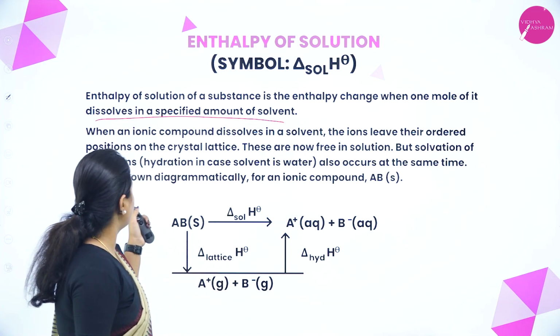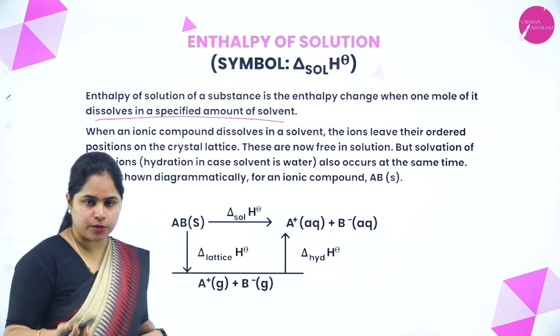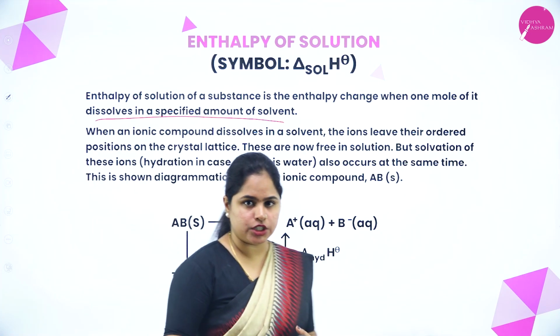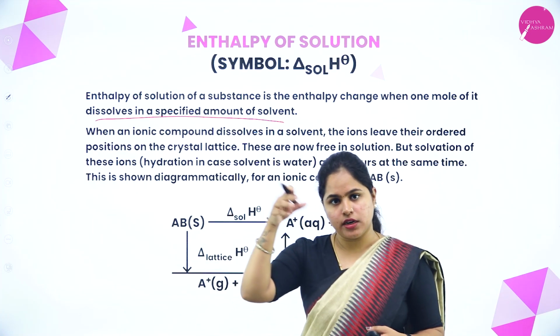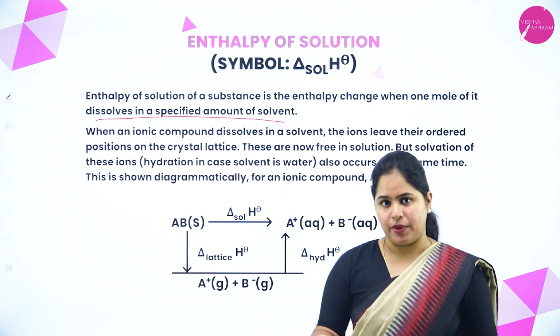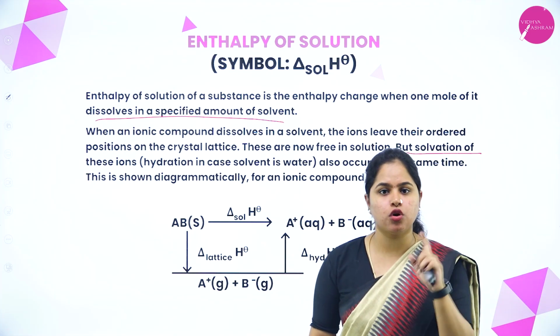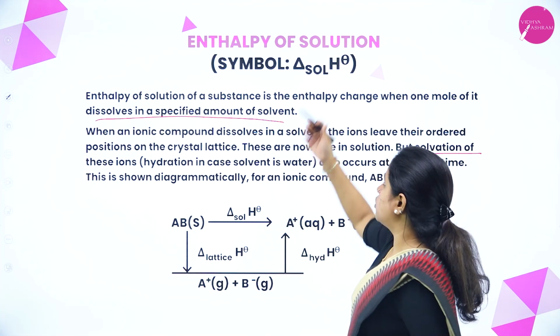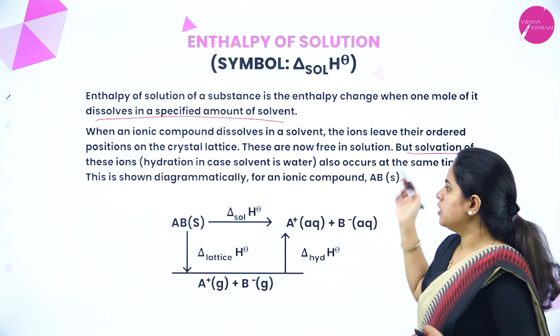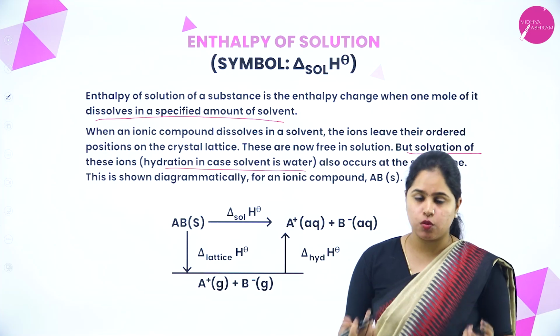But solvation of these ions also occurs at the same time. That means the enthalpy of hydration, hydration meaning when we are dissolving it in the solvent, as well as the enthalpy related to solvation, we also have to consider to calculate the enthalpy of solution. Solvation means hydration in case the solvent is water.